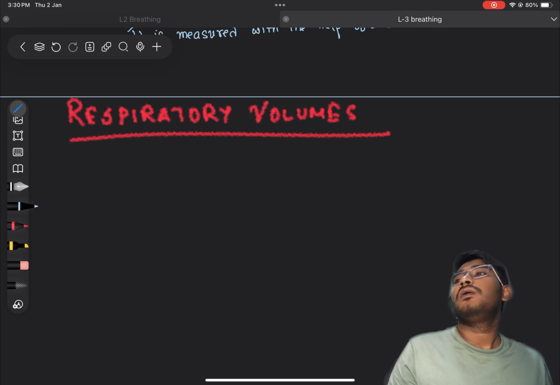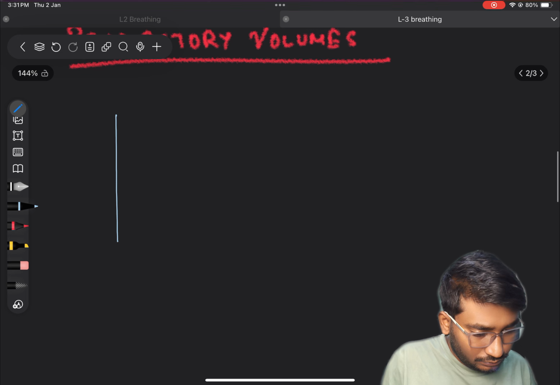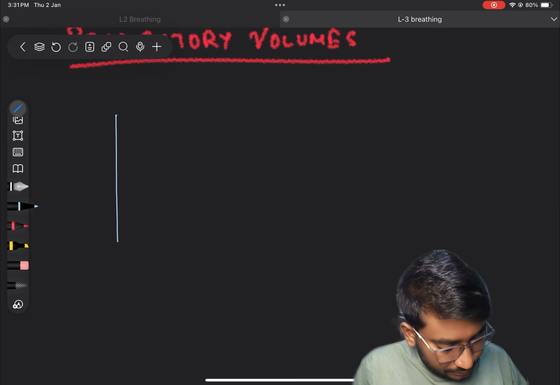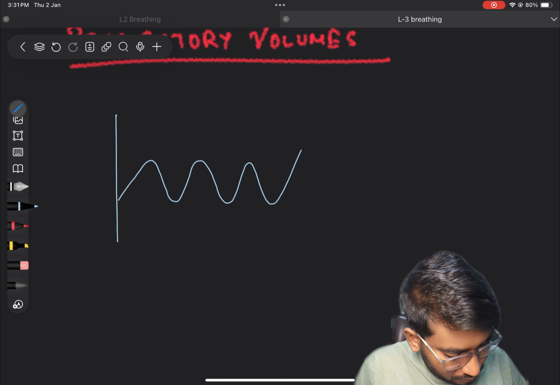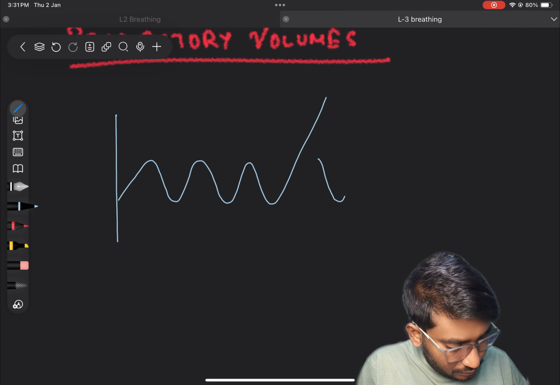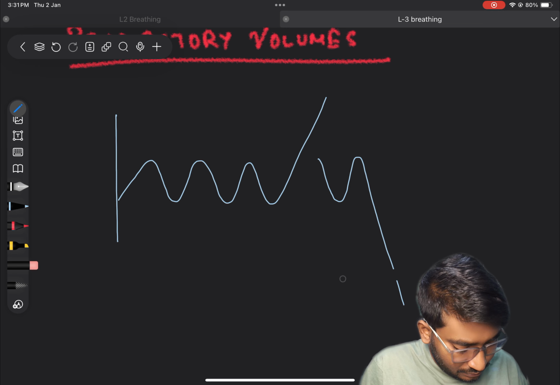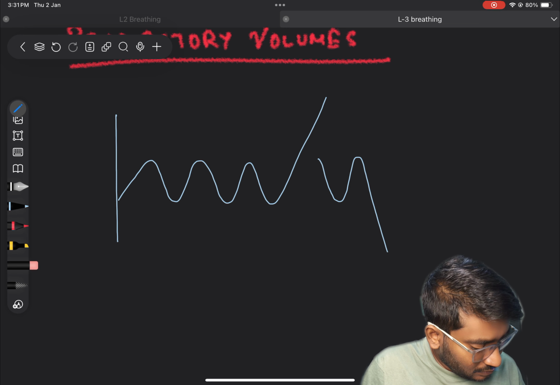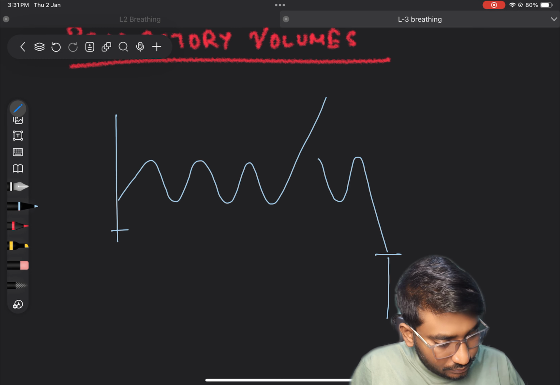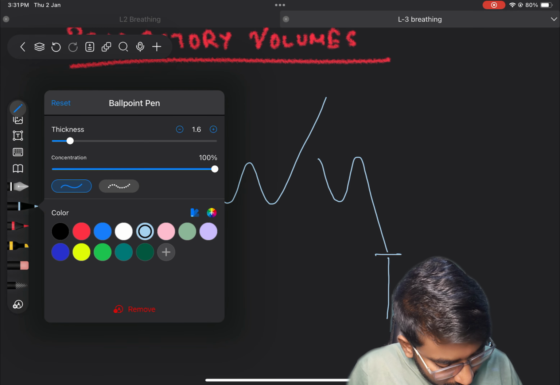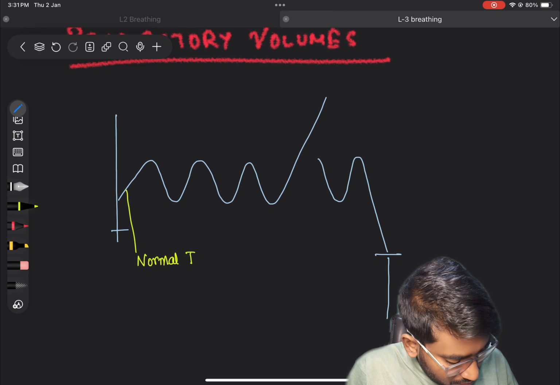I am drawing a graph. What does this graph indicate?